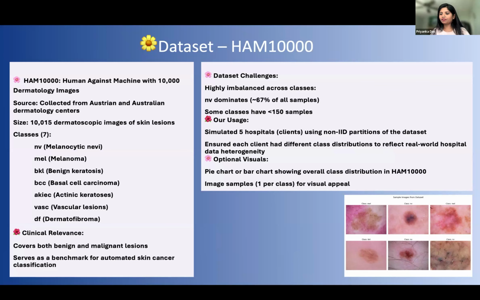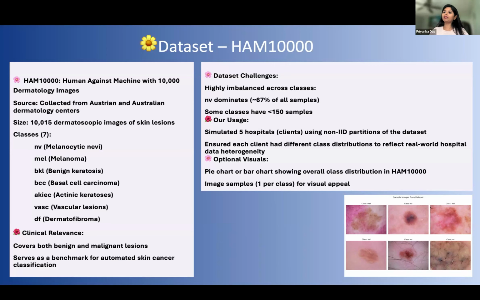These images were collected from Austrian and Australian dermatology centers, making it a strong benchmark for automated skin cancer classification. The 7 classes include melanocytic nevi, melanoma, benign keratosis, basal cell carcinoma, actinic keratosis, vascular lesions, and dermatofibroma.